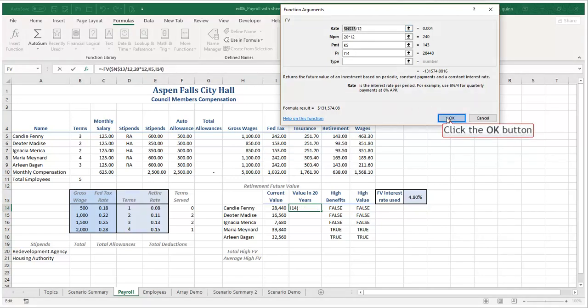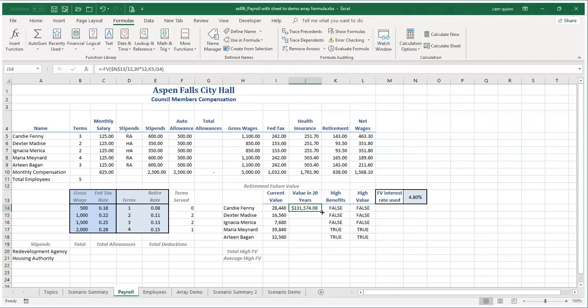Even though I did screw it up, it's a really good example for you that when you enter a formula in Excel, you've really got to always take a look at your results to make sure that they make sense. Basically, I looked here and said this person had $28,000 and they ended up with 131.